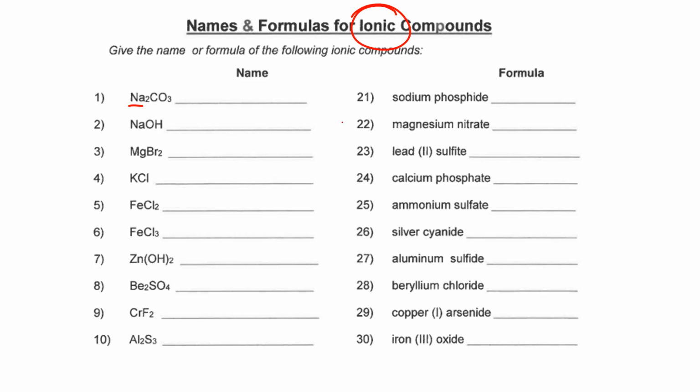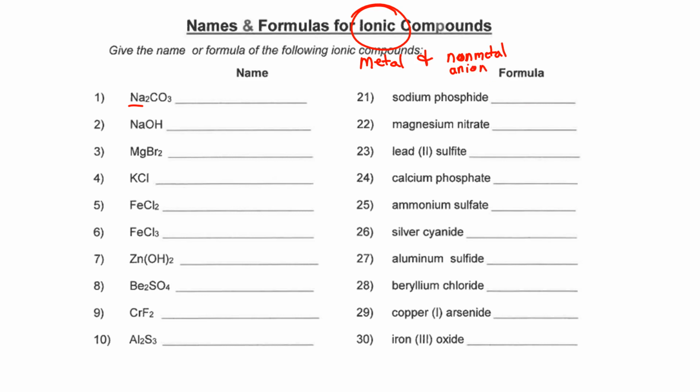Remember that ionic is always going to be a metal and a non-metal combined. Now, realize that that non-metal here will sometimes just be an anion, like a polyatomic ion.